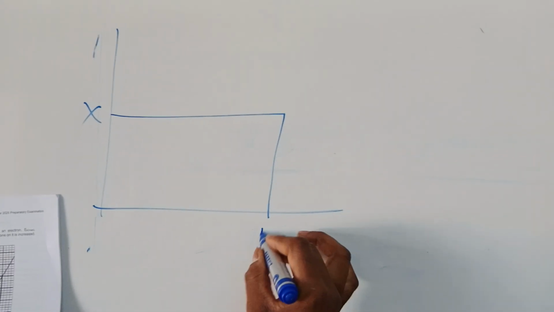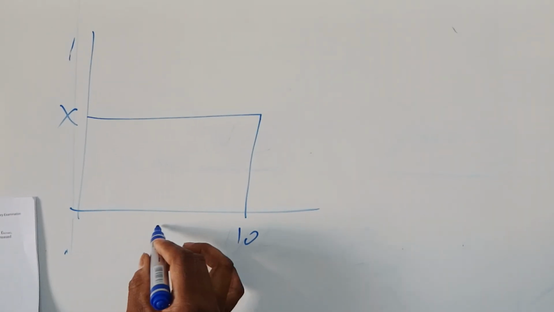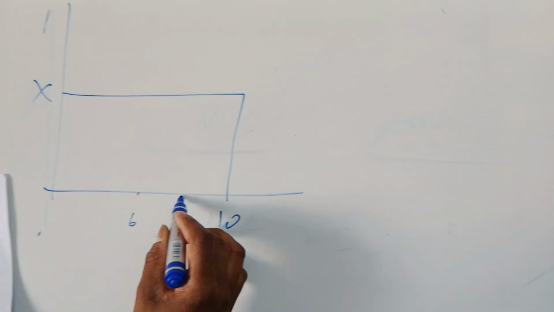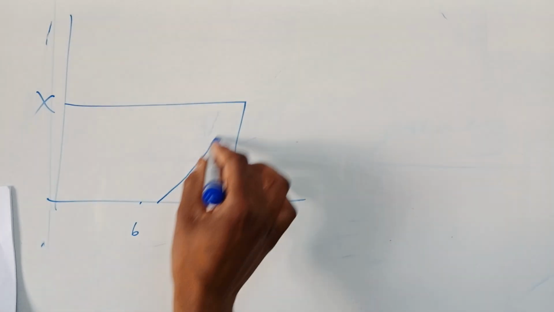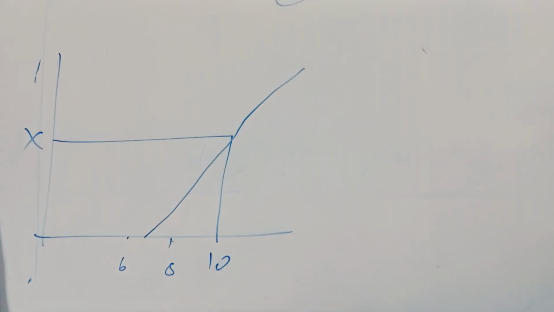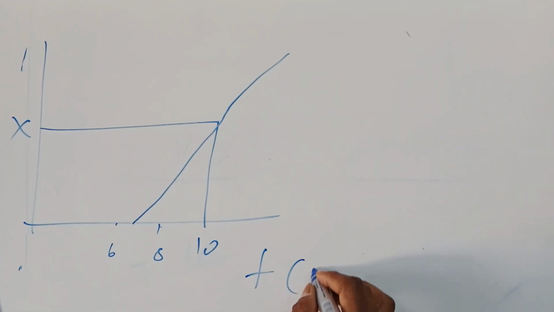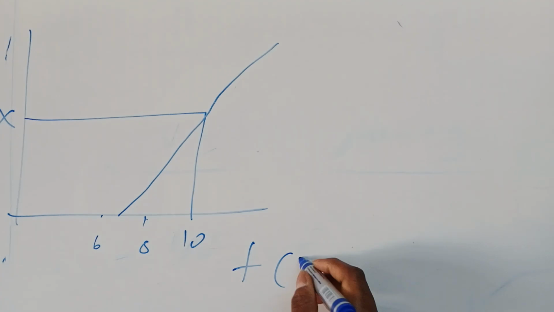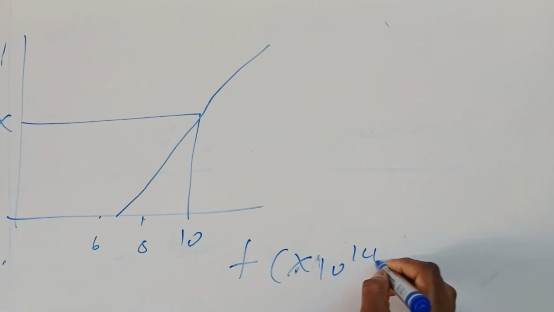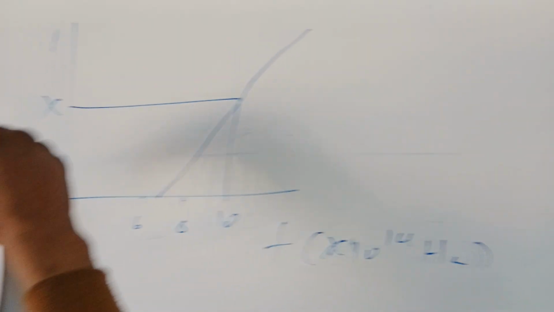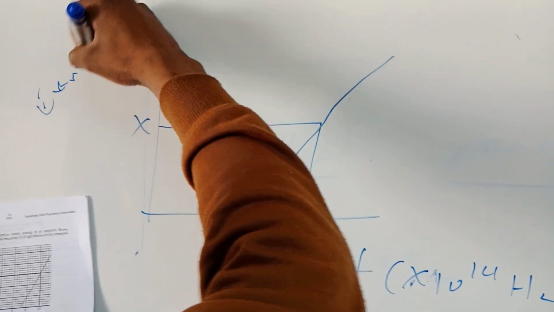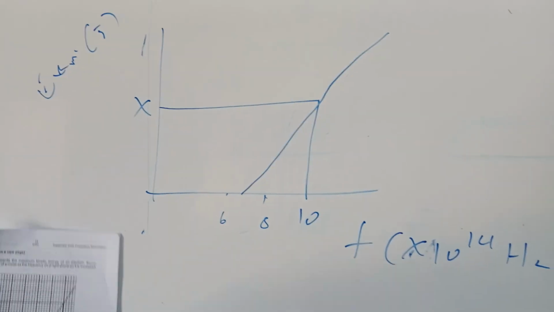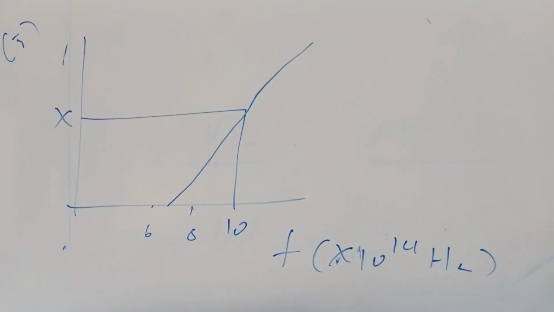We have a value here, 10. And somewhere between 6 and 8, we have something there. We have frequency here in times 10 to the power 14 hertz, and maximum kinetic energy there in joules.